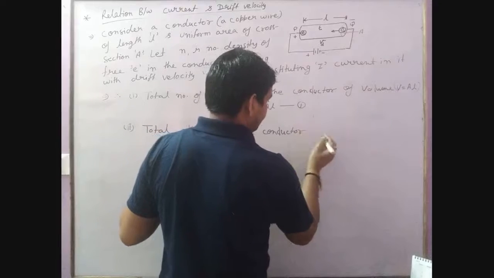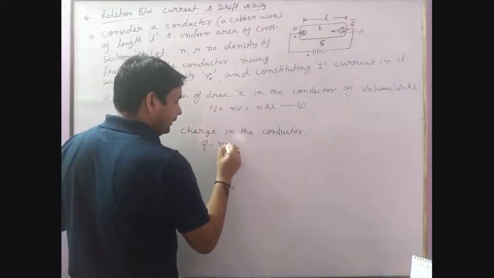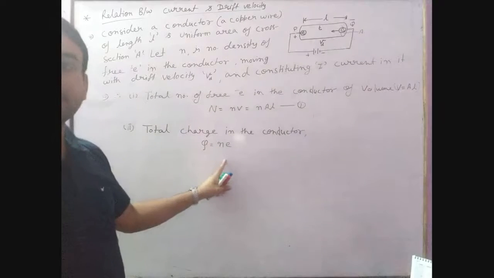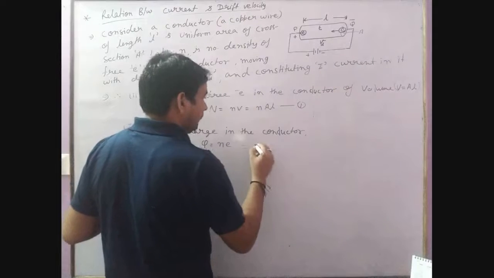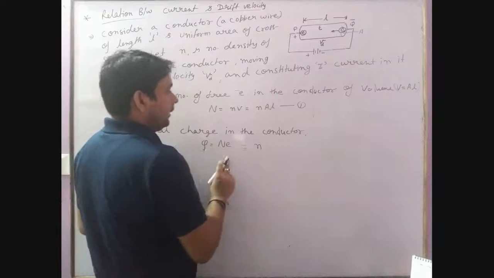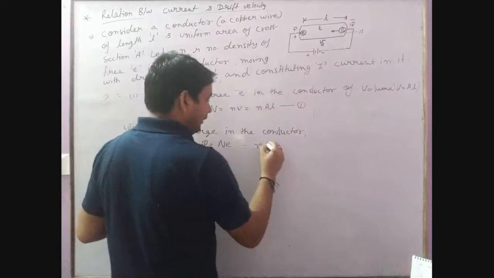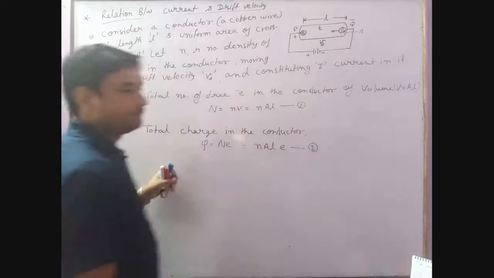That is Q is equal to Ne, where e is the charge on each electron, and this is equal to capital N times e, and for capital N we have nAL into e. This is your equation second.